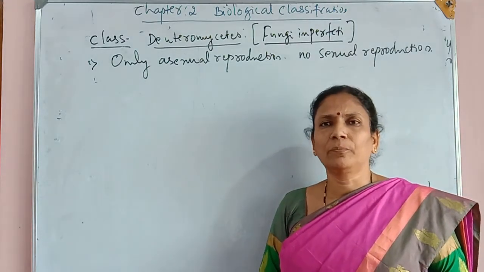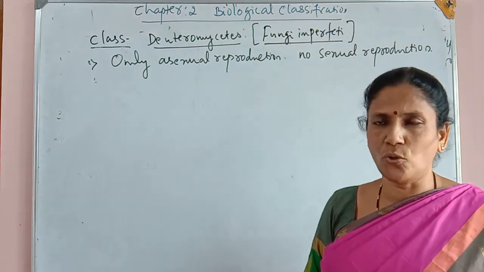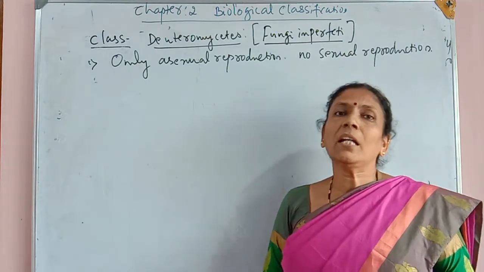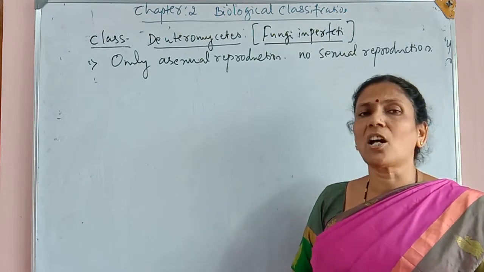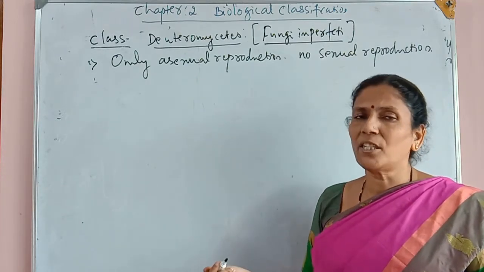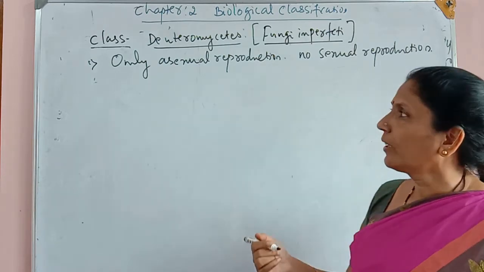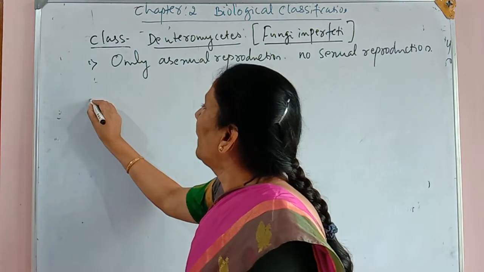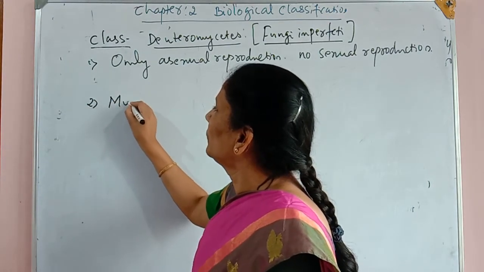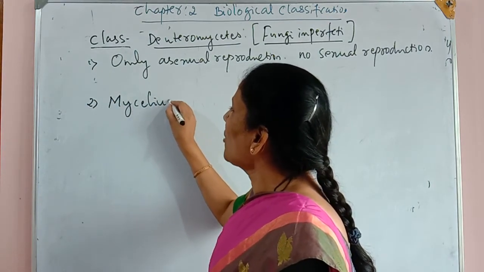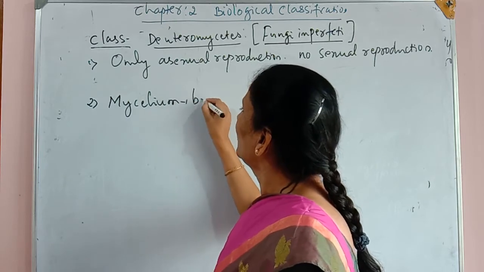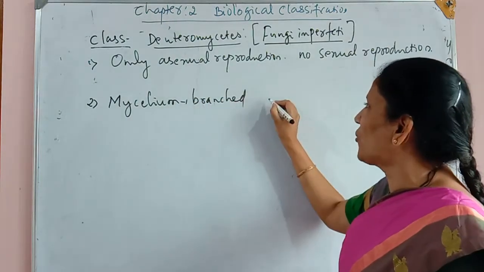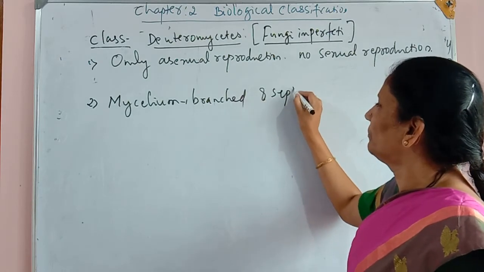Suppose in future any Deuteromycetes shows sexual reproduction, it would be moved to another class like Ascomycetes or Basidiomycetes. These members also have mycelium, which is branched and septate.